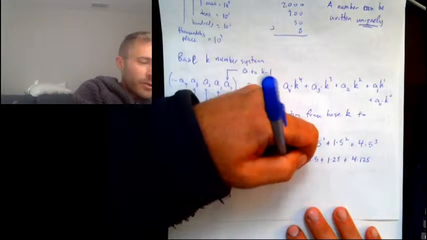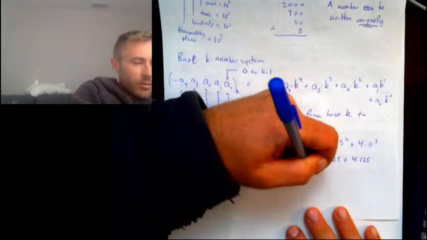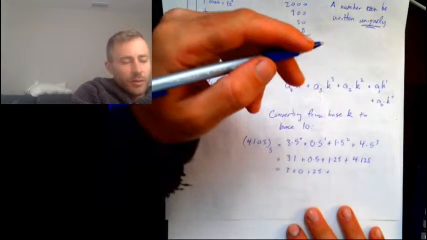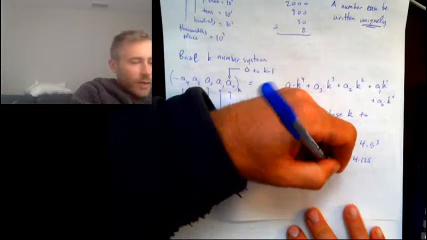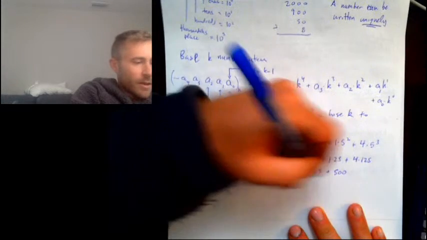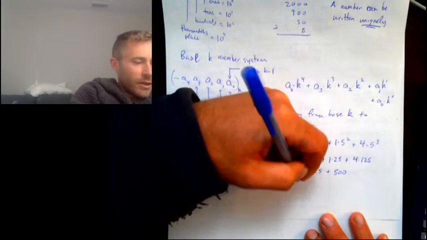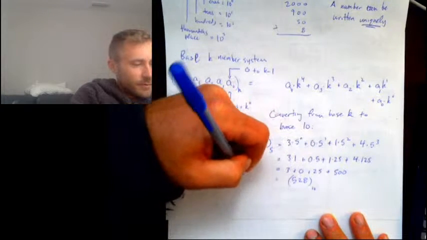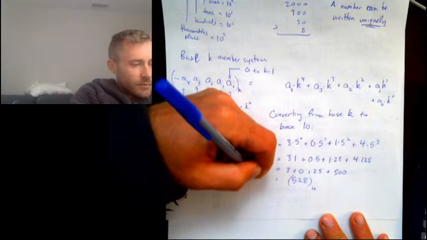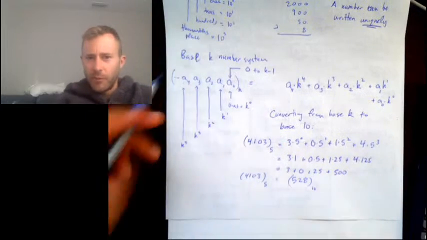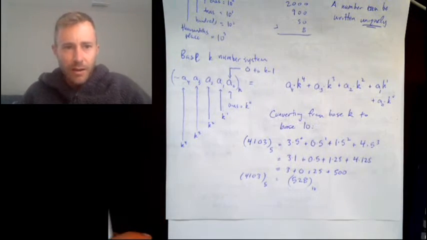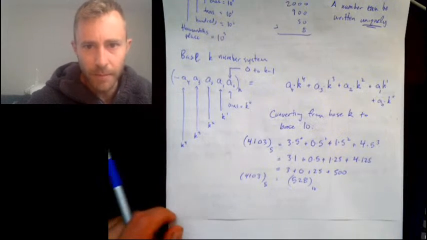So we get 3 plus 0 plus 25 plus 500. So this is 528 in base 10. So we've converted a base 5 number to a base 10 number. All right?